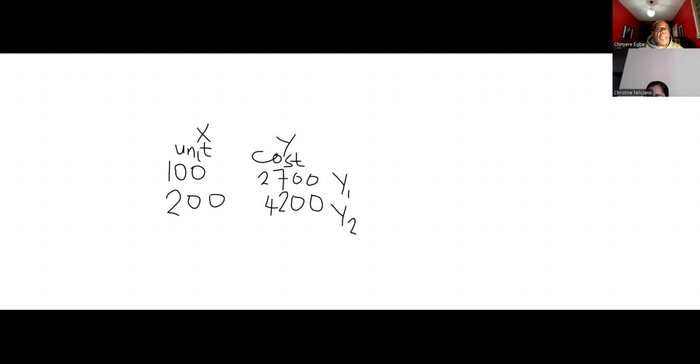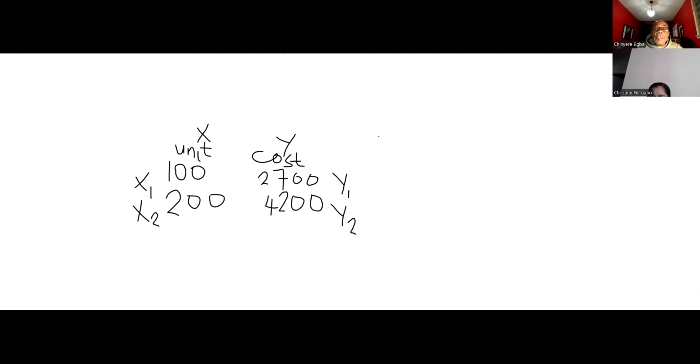This is X1, and this is X2. You get it? Yeah. Okay. So you have to create an equation of this model.